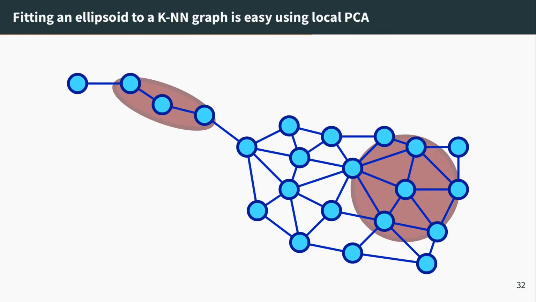The geometric definition of PCA is that you have a local data set, or you have a data set, and you try to fit a Gaussian distribution to your data set. So here you imagine that this point only looks at itself, its first neighbor, and its second neighbor. So you have a dummy data set with 3 points, and you try to fit a Gaussian distribution to it. And then what is the most likely Gaussian distribution to explain this type of data? Well, it's going to be a multivariate normal distribution that looks like this.